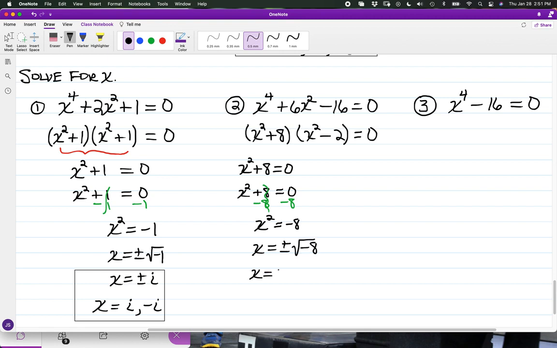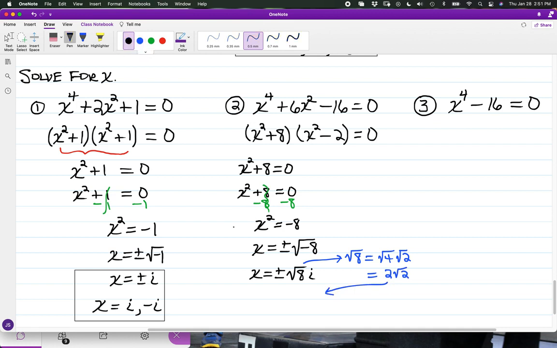And right now we have x equal to plus or minus the square root of 8 times i. And the square root of 8 is not a perfect square value, but it can be reduced. So again, the square root of 8 is equal to the square root of 4 times the square root of 2. And so the square root of 8 will be reduced to 2 times the square root of 2.